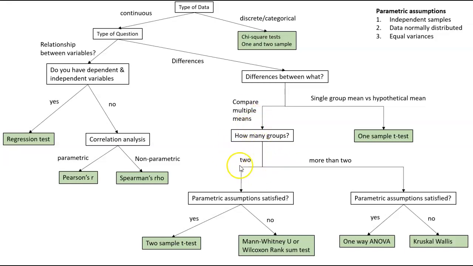If I have only 2 groups, so control and 1 test group, and I've fulfilled the assumptions of the parametric tests, that is, that we have independent samples, normal distribution within each group, and equal variance between the groups, I can do a 2 sample t-test. If I don't have that, I would do a Mann-Whitney U-test or Wilcoxon rank sum test.